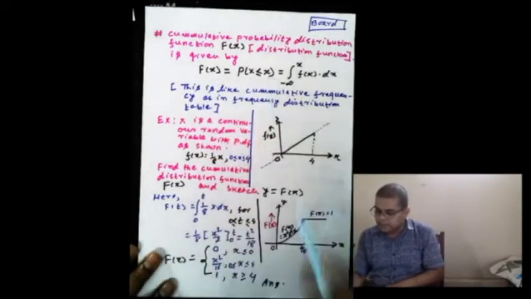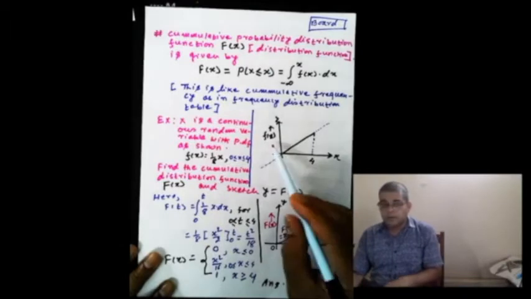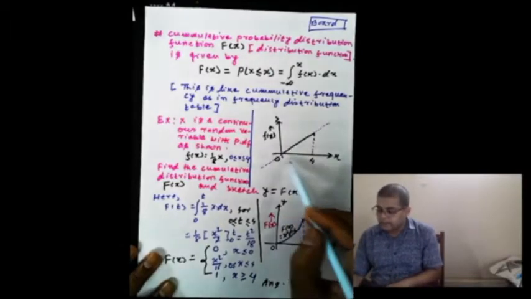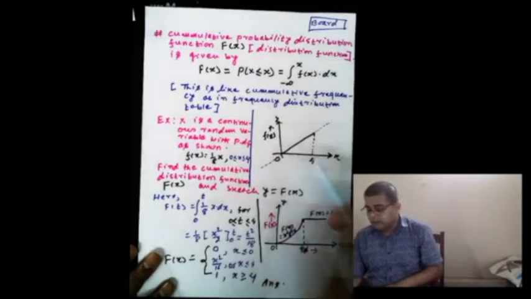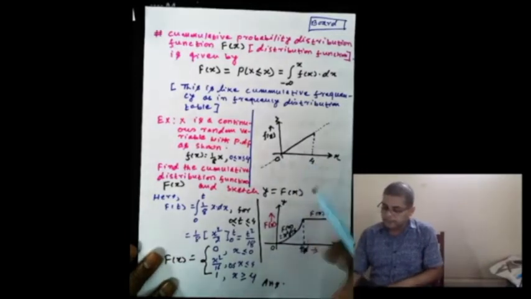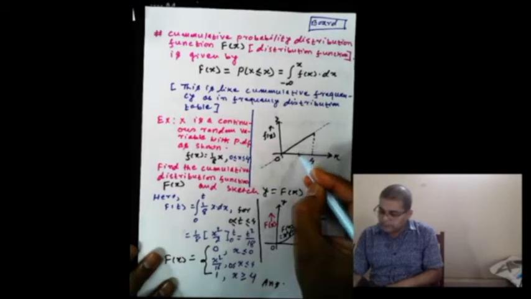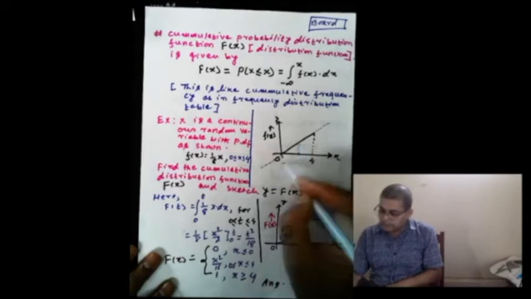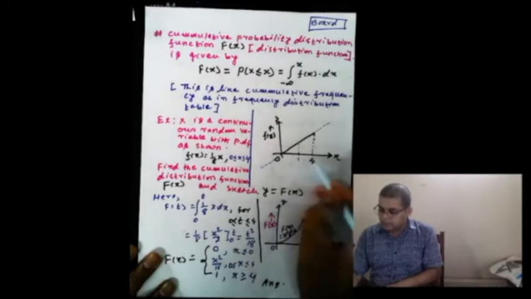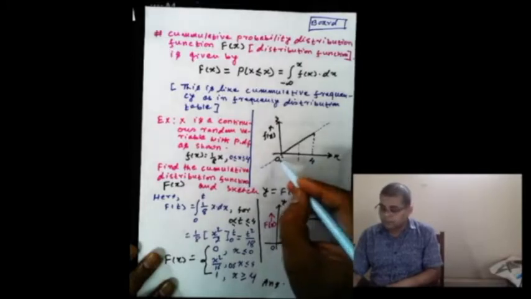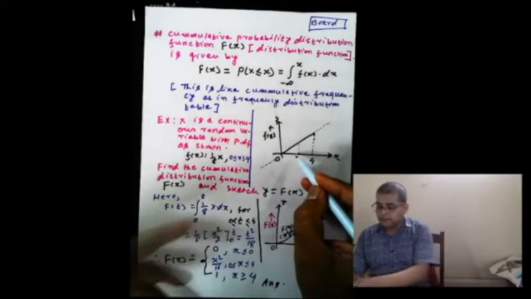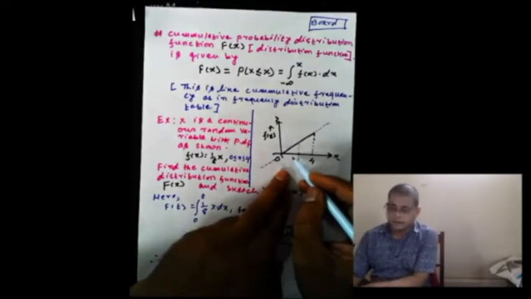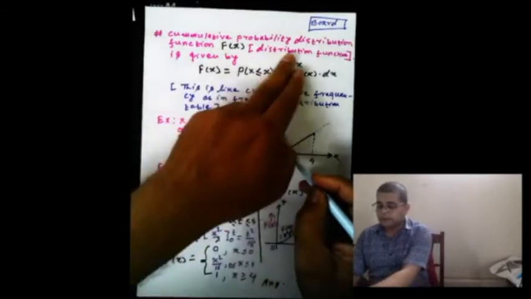For example, in this figure, your density function is defined for x between 0 and 4, inclusive. If you are adding up the probability from 0 to 1 only, and then you develop a general function, that will be called the cumulative probability distribution function.